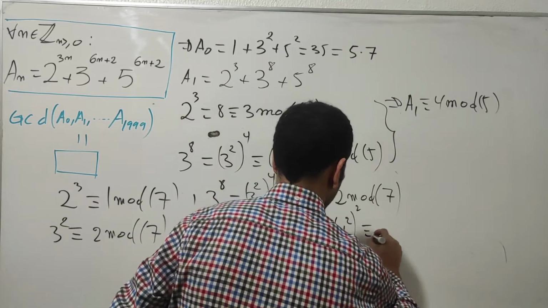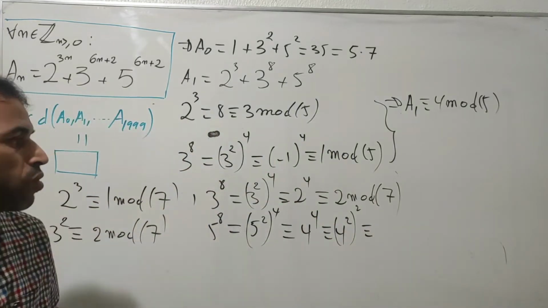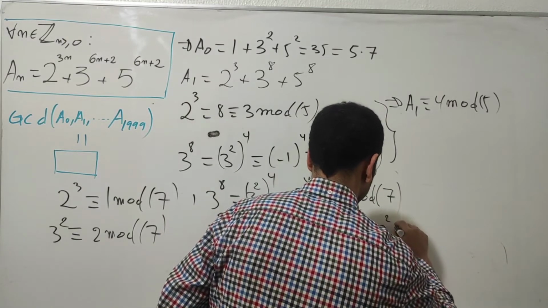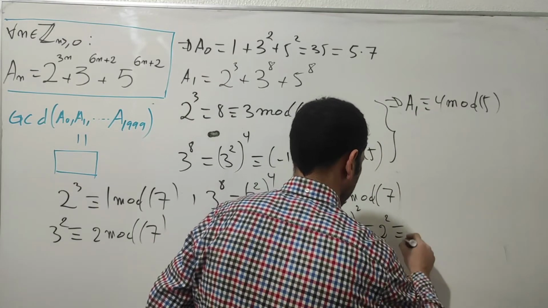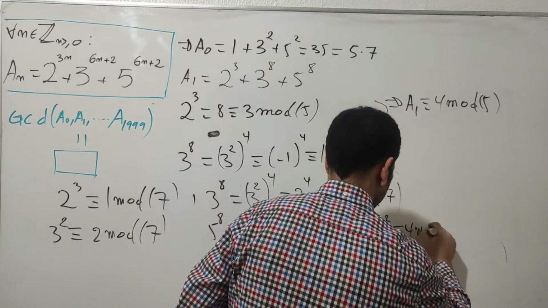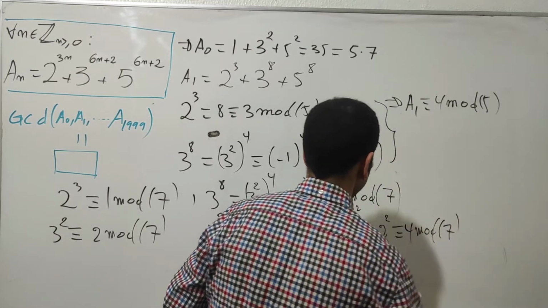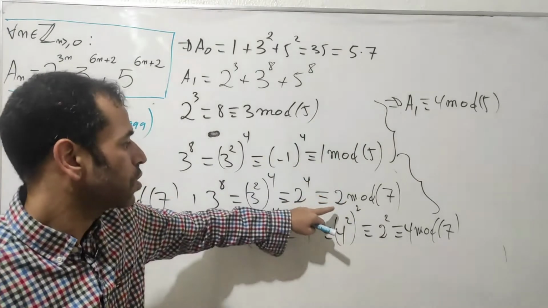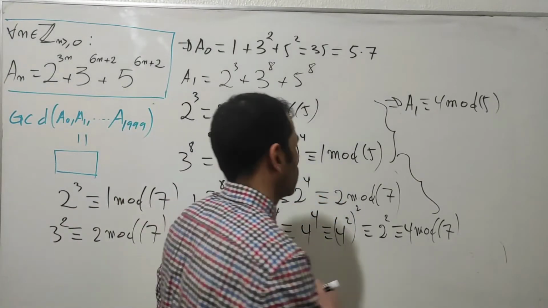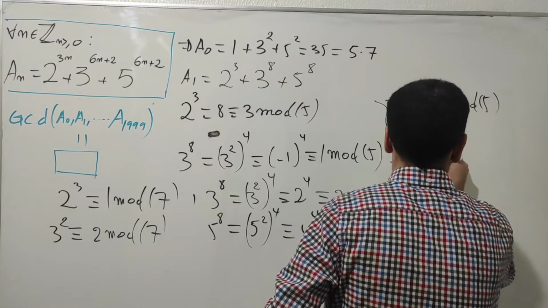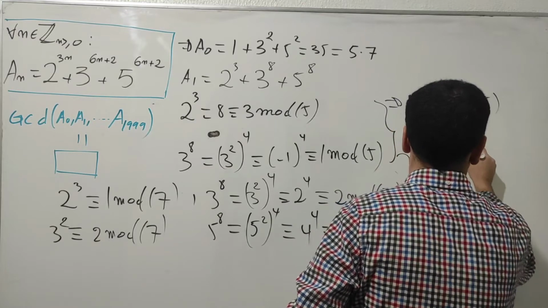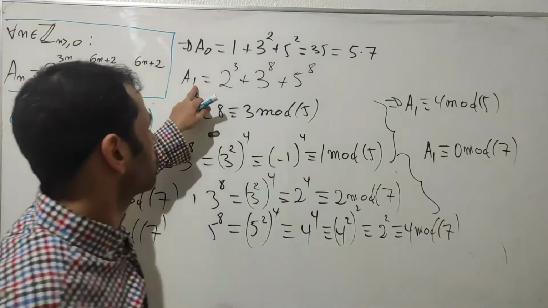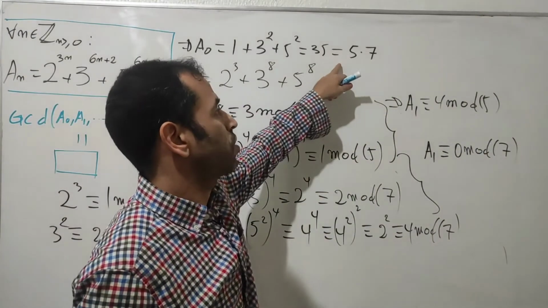We know 4 squared is 16, and 16 is 2 more than 14, which gives 2 to the 2, which is 4 mod 7. Adding these three statements together, I get 1 plus 2, which is 3, 3 plus 4, which is 7. So a sub 1 is congruent to 0 mod 7, which means 7 divides this one, and also 7 divides the first one.